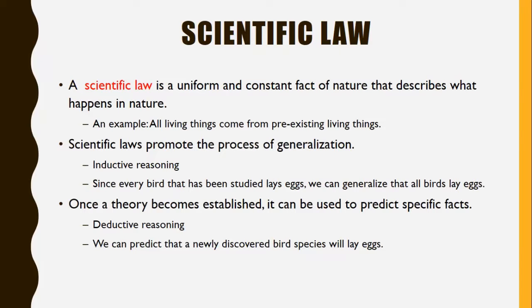That wasn't true. They didn't know that the mice were eating through the bag, and when they opened it, they would find mice in the rice bags, and they just thought, oh, mice came from rice. Maybe that's why they rhyme. Okay, and scientific law promotes the process of generalization. Once a theory becomes established, it can be used to predict specific events.